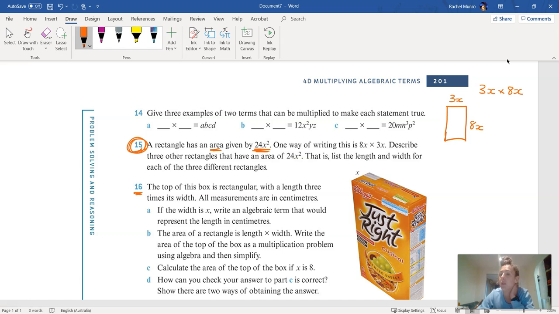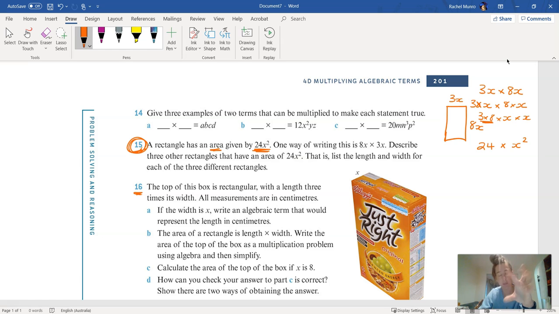So when we multiply 3x by 8x, if we do our breaking apart, we have 3 times x times 8 times x. So I end up with my 3 times 8 times x times x. Okay, so I know that 3 times 8 will give me 24 times x times x, which I know is x squared.